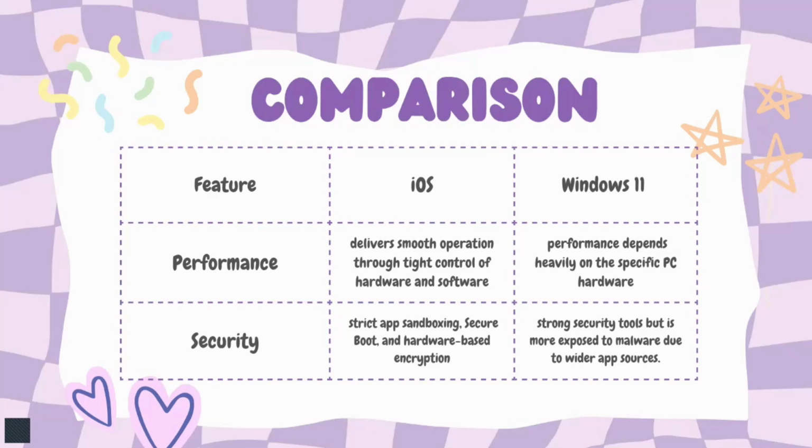In security, iOS employs sandboxing, secure boot, and encryption for tight security, while Windows 11 has strong tools like Windows Defender but faces more malware risk due to its different app sources.